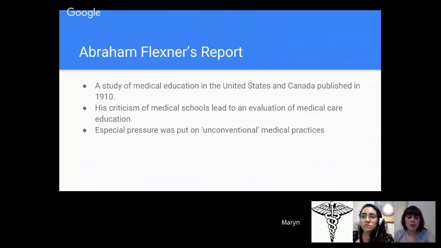He put a special pressure on unconventional medical practices, saying that they needed to be more science-based, and his report actually reformed medical education today.